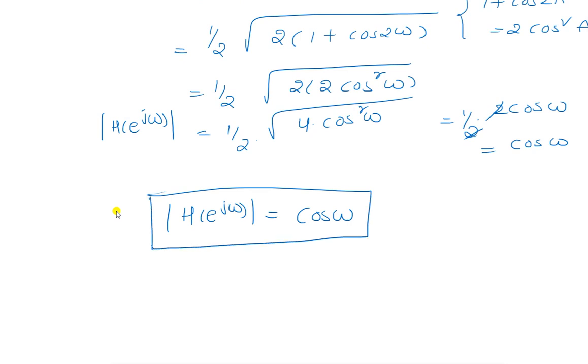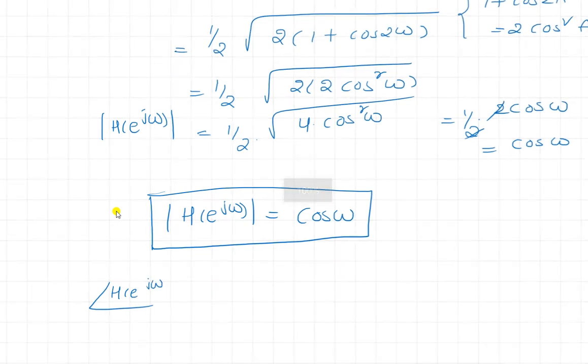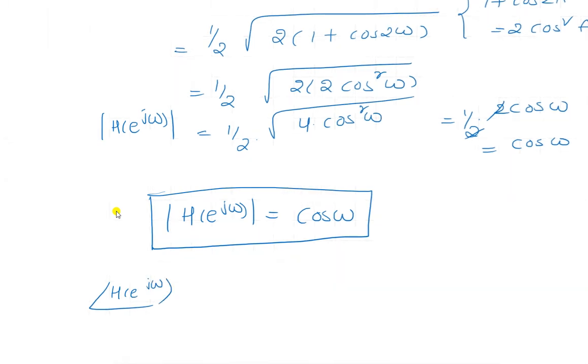And after that we need to find out the phase response. So the angle of H of e to the power j omega is equivalent to tan inverse of minus b by a.